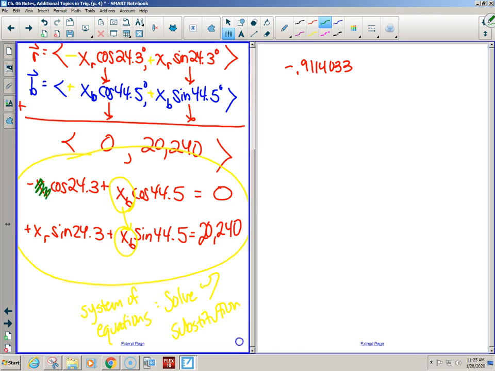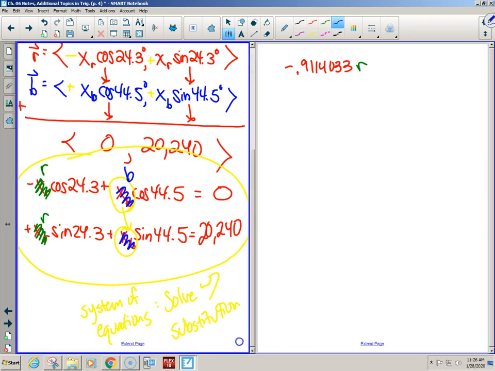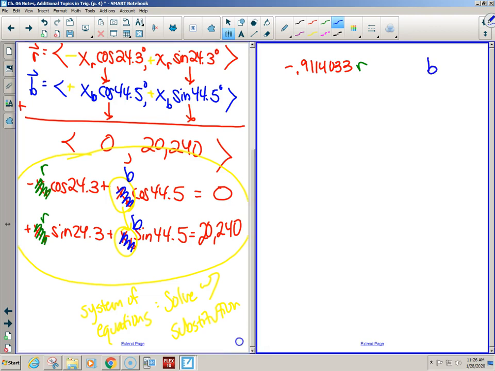We'll do R without the arrow to stand for his magnitude. I don't like it a lot, but it's okay. So we'll call that R. And then we'll name this guy B without the arrow to be magnitude. So I'm going to use B for that guy and that guy, and R for this guy and this guy.